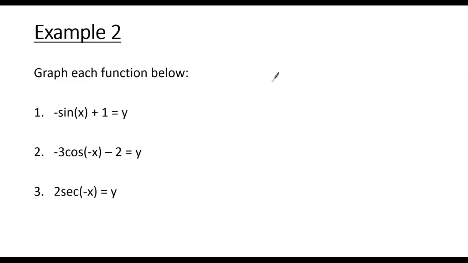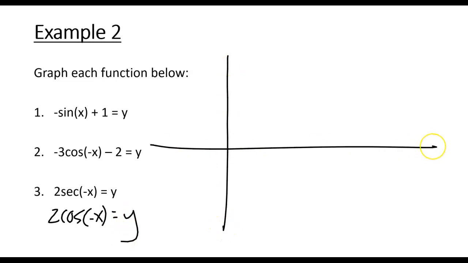So here we go. I'm going to be graphing 2 cosine of -x. Make your graph. The angles for cosine are 90, 180, 270, 360. Now there's no midline on this one. That means my midline is 0.